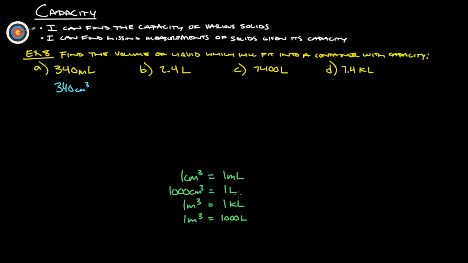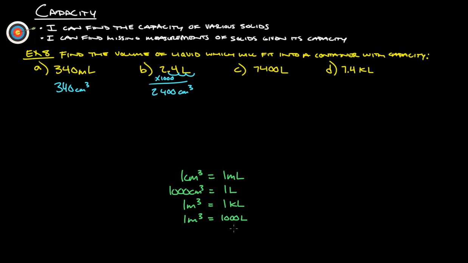Okay, 2.4 liters. Here's our liters. That's going to basically just multiply by 1,000, which means move the decimal over 1, 2, 3 spots. We get 2,400 centimeters cubed.